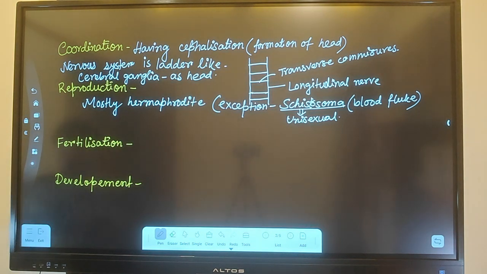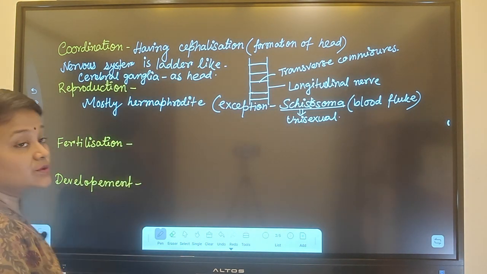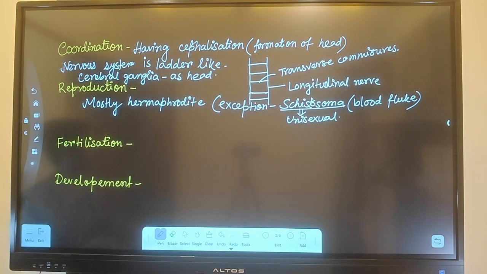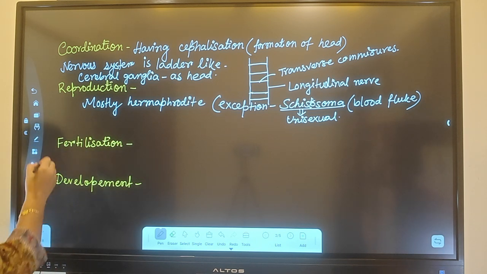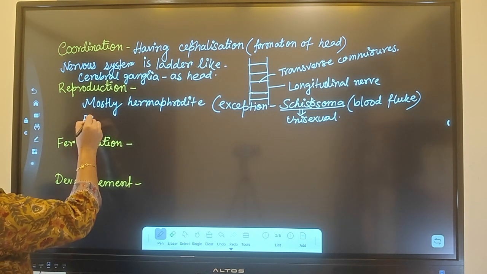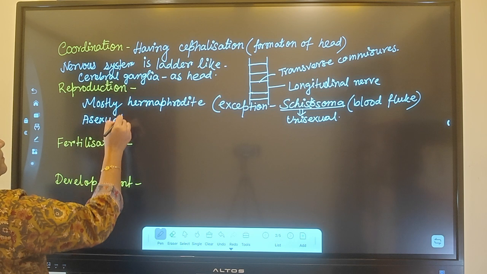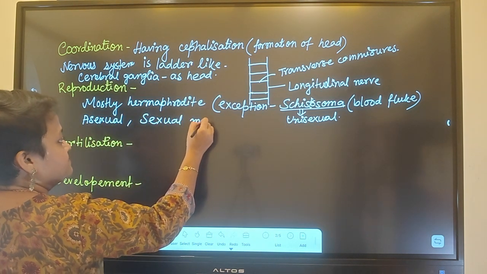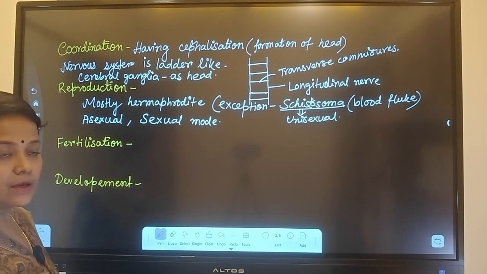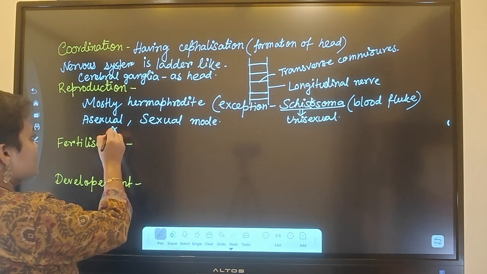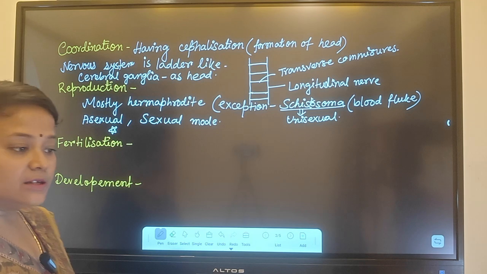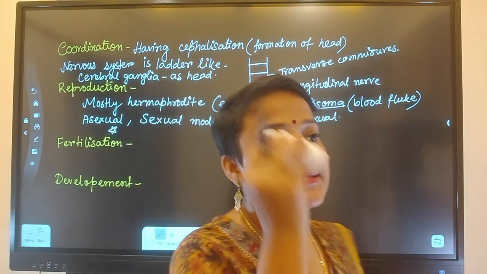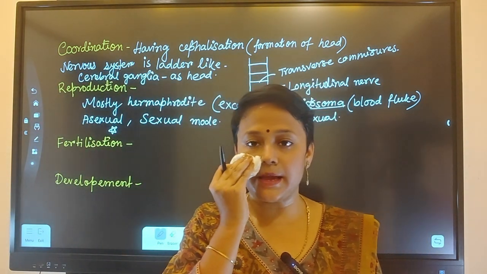Mostly reproduction occurs in two ways, asexual and sexual modes of reproduction. Another thing I want to share is that planarians have high regeneration capacity.